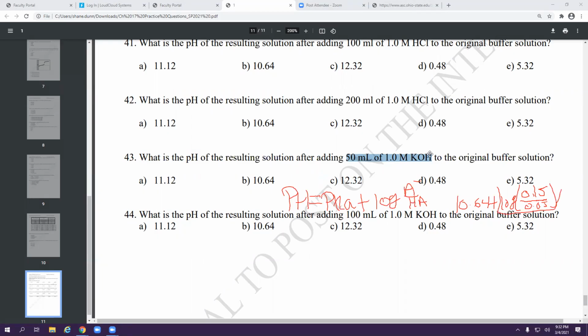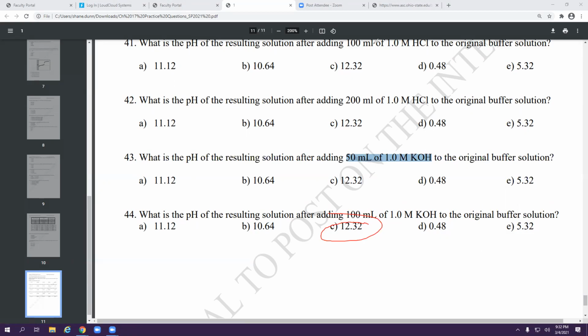You take the log of this thing, you'll get 10.64 plus 0.48, which will give you 11.2.